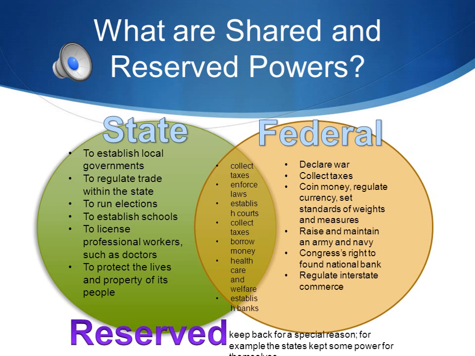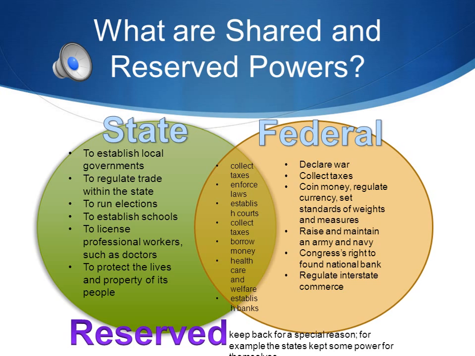And then the federal government, I'm just giving examples of what the federal government, as distinguished from states, can do. It can declare war, it can collect taxes, coin money, regulate currency, set standards of weights and measures, and that's more for international trade, so we have in common when we discuss the weight of something, of an item, of a product.